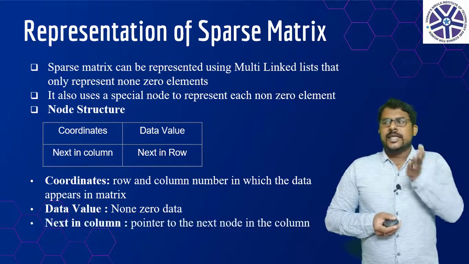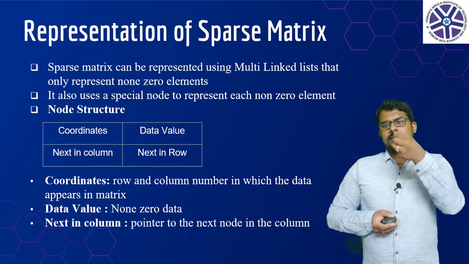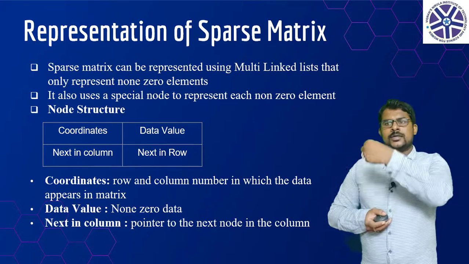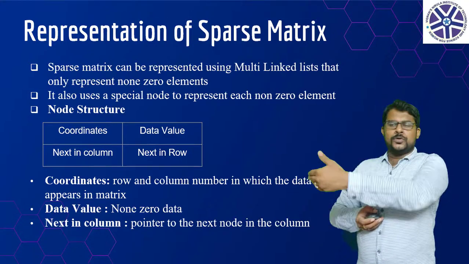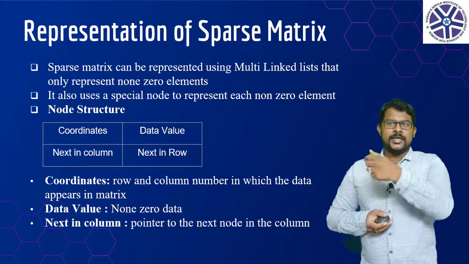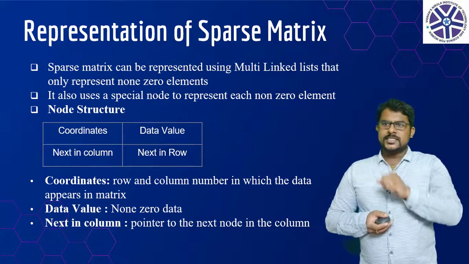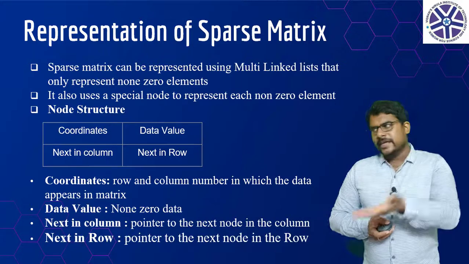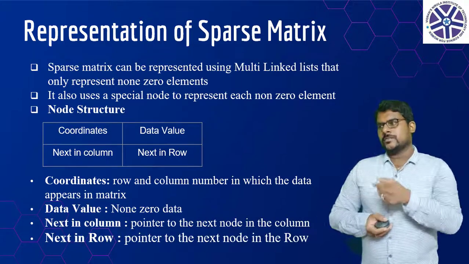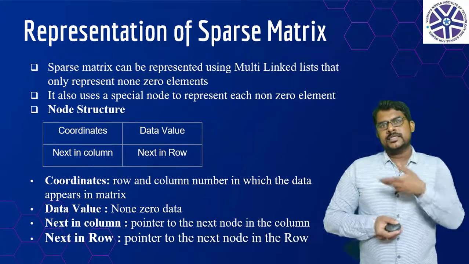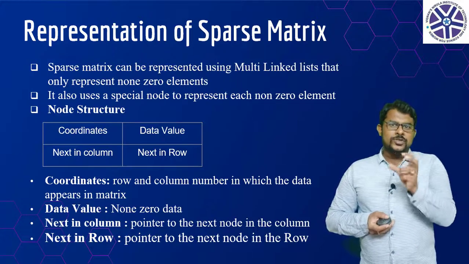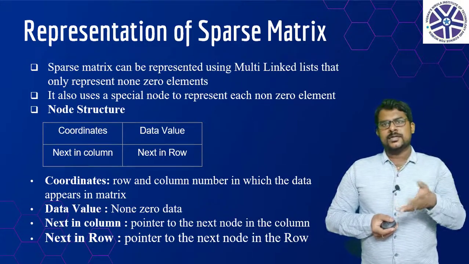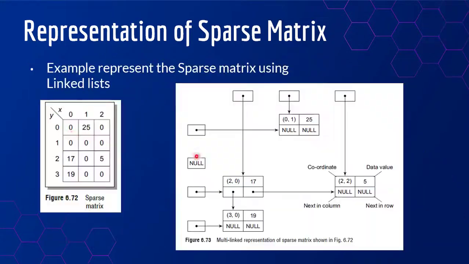Next, suppose you have a node and that node has a next node in the particular row, so it has a link to the next node in the row. In the same way, you have another link to the next node in the column. Using this node structure, we can represent the sparse matrix.